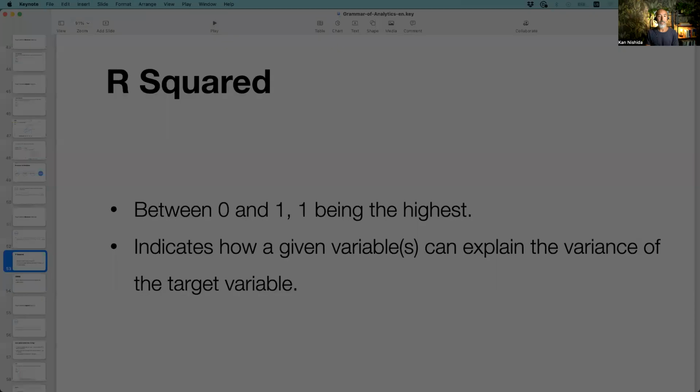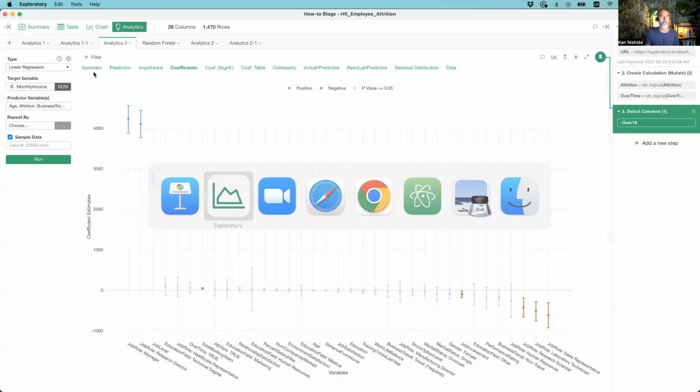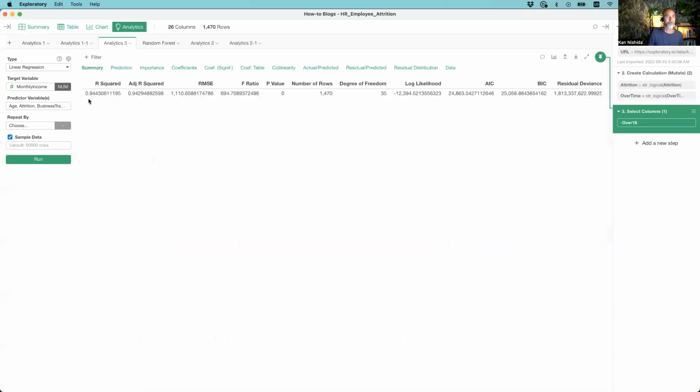So let's take a look at this particular case. When I go to summary, the R square is 0.94. One is the highest, so that's 94%. 94% of monthly income can be explained by these variables.